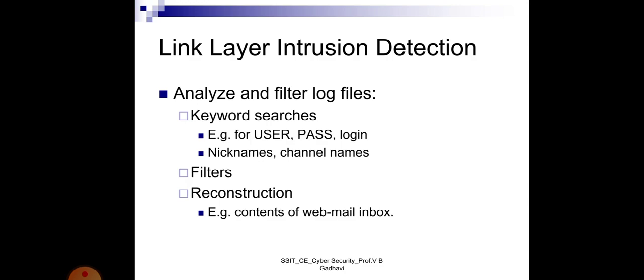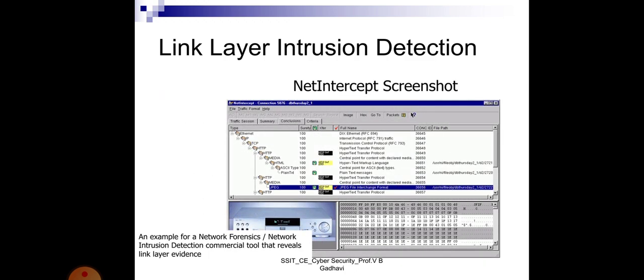An example is the content of a webmail inbox. Here you see the NetIntercept screenshot, an example of a network forensic, network intrusion detection commercial tool that reveals link layer evidence.